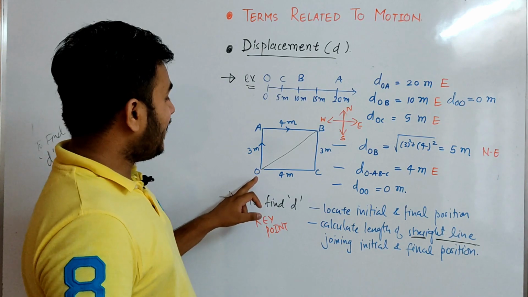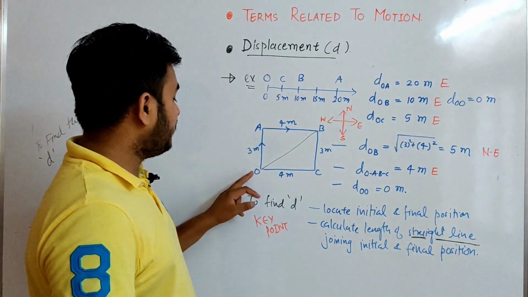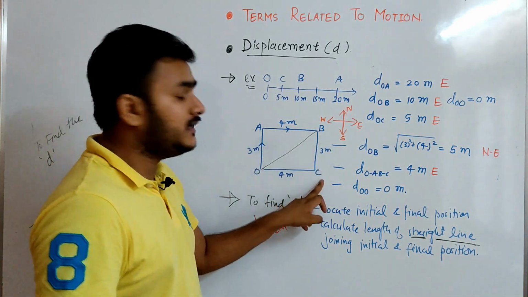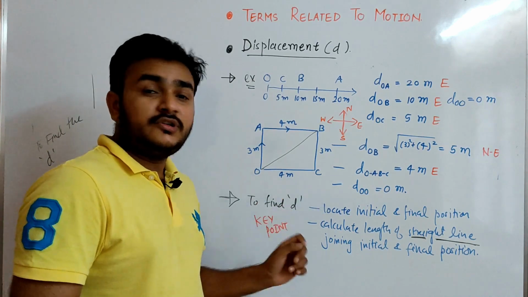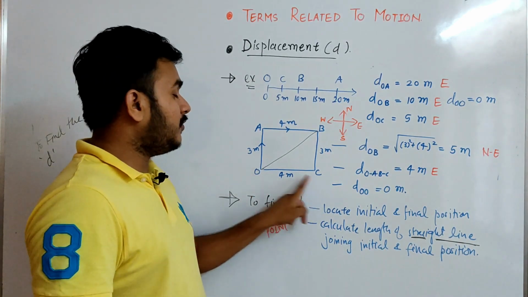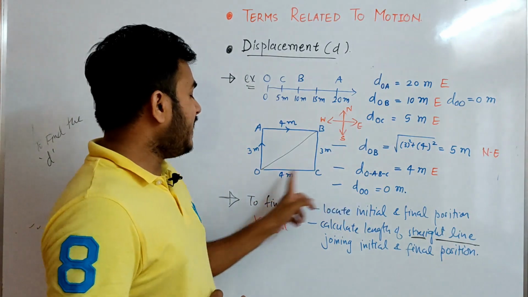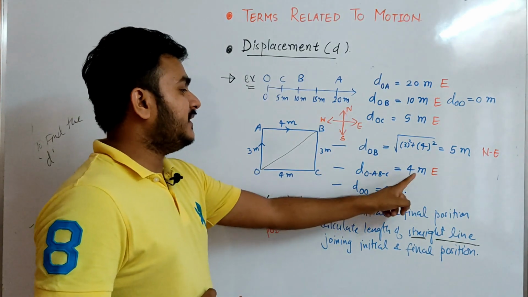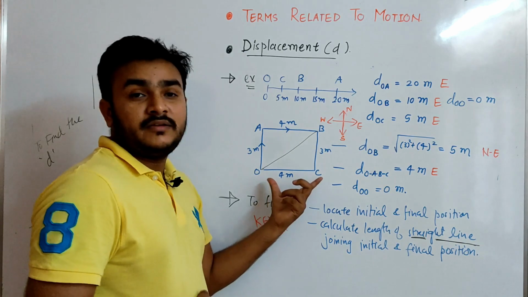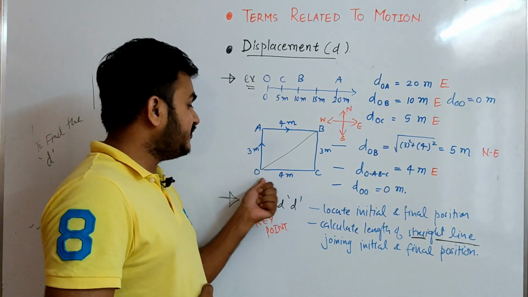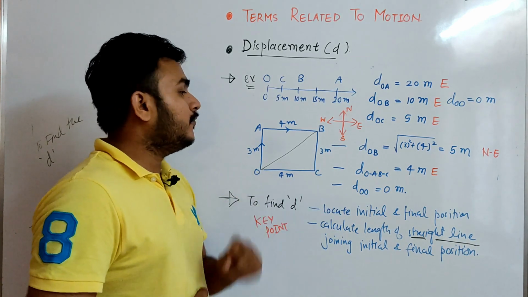Now in order to find out the displacement for the journey OABC, I have to draw the straight line between O and C, because O and C are the initial and final positions. So for OABC, the displacement is equal to 4 meter. It is the length of the line joining initial and final position, so it is 4 meter.